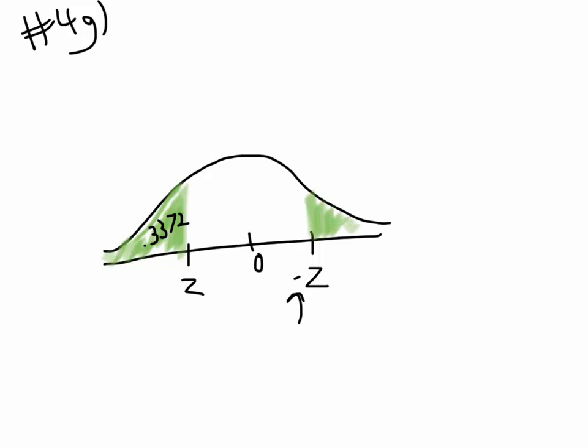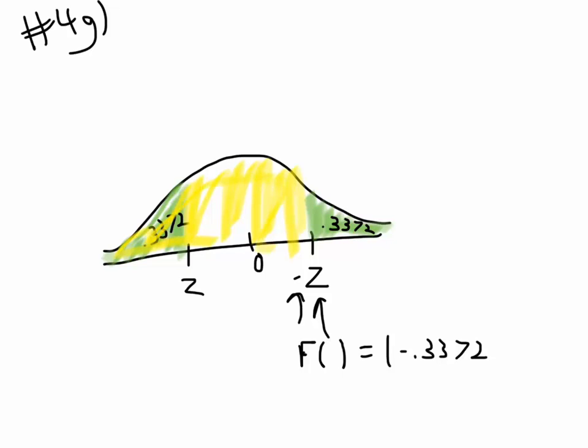This is not going to mean negative, it's just going to mean the opposite of this Z value we're finding. We could end up with 33.72% above this Z. So we can use the complement rule to find that F of this value is equal to 1 minus 0.3372, and that means that all of this yellow area right here would be 1 minus 0.3372.